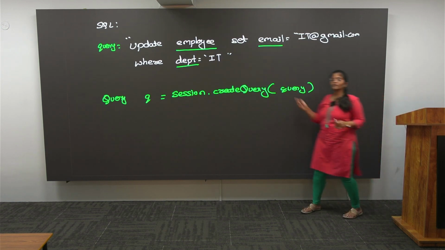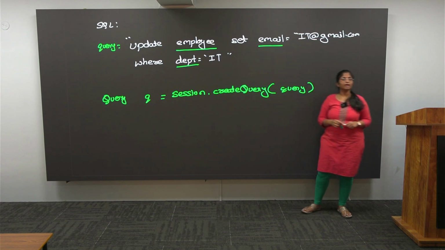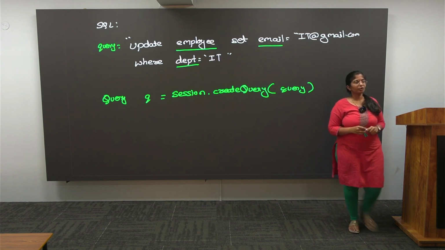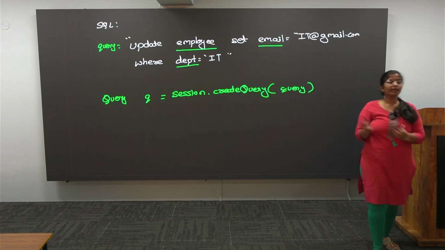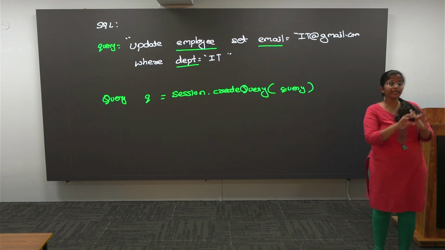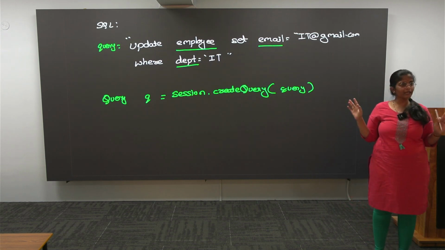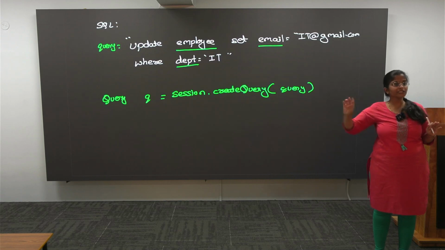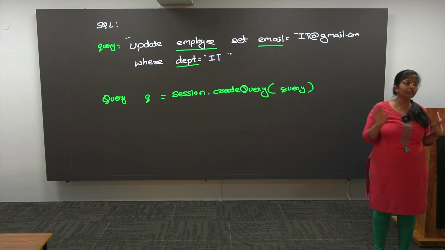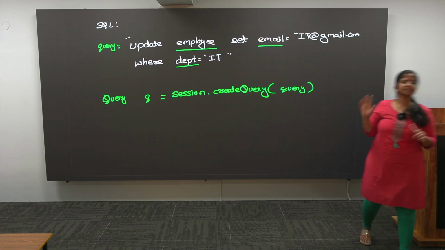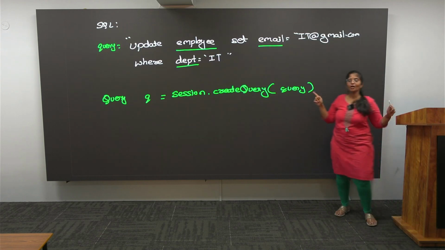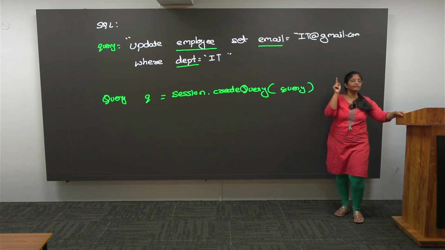Now what method do I need to call? No, getResultList is to get all the records and print them. Are we printing any records over here? Update means changes will happen to your database. It is not going to return any value in this case, and updation is not happening for one record, it will be happening for multiple records.